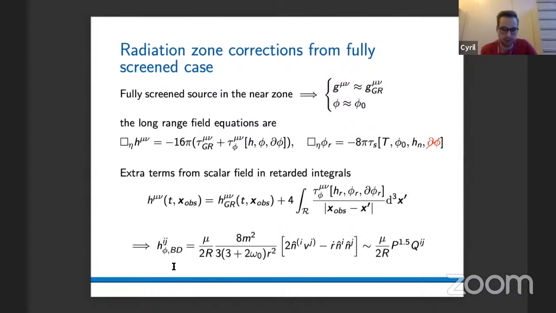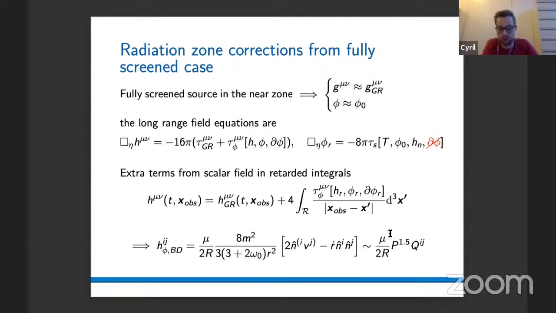And if we do the calculation, we get something of this form. Again, we always have this factor mu divided by r. Here we have the parameter omega 0, which is this function omega phi evaluated at phi 0. And then we have the waveform depending on the velocities and the position of the object.